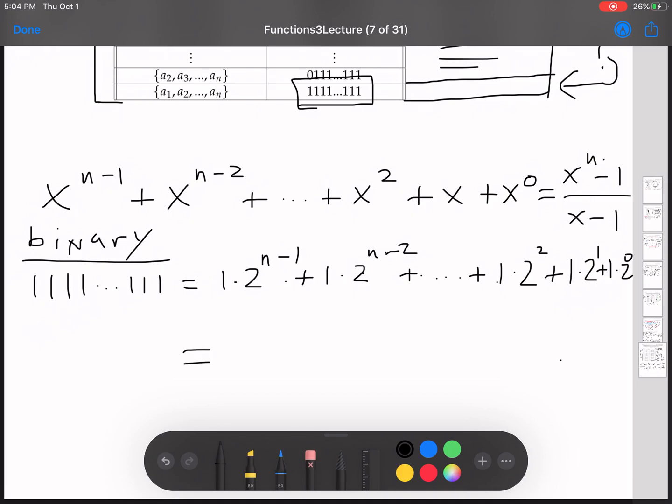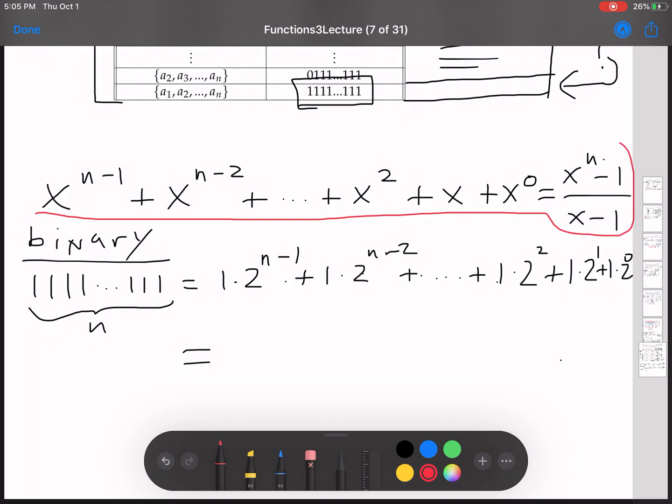In binary, we read it like this, with n of these here. That's how we would represent it in binary. Well, that's just 1 times 2 to the n minus 1, and so now we can use this formula to figure out what this number is.